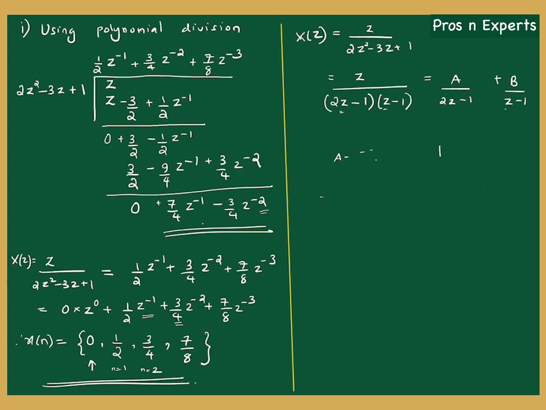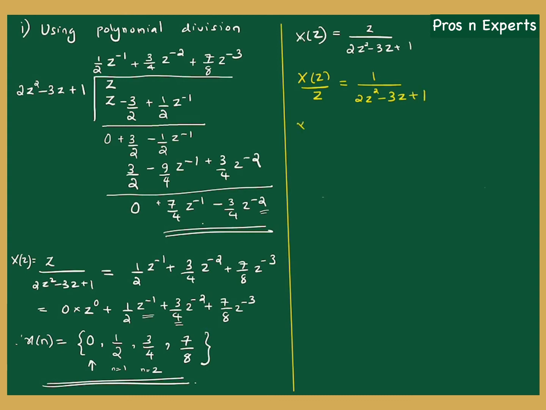Okay, I will tell you what to do. Before starting the partial fraction expansion, you write x of z by z is equal to 1 by 2z square minus 3z plus 1.